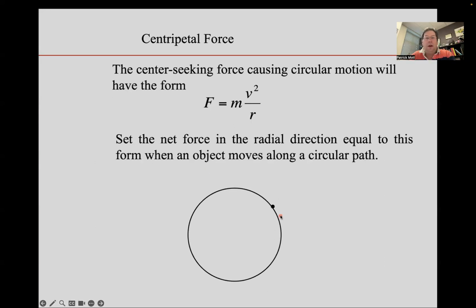So imagine that we've got like a ball on a string, and the ball is going in a horizontal circle, just for the sake of argument. So you can have uniform circular motion. And say at this instant in time, that is the velocity vector.